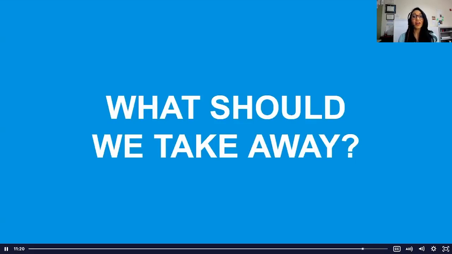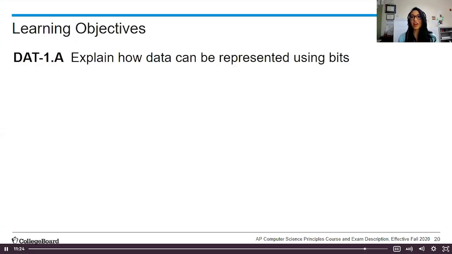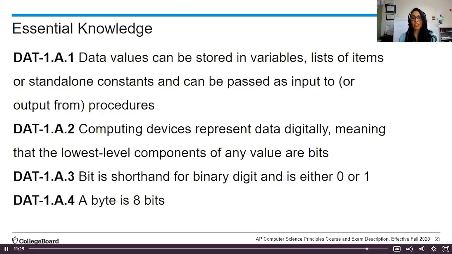So we've reached the end already. What should we have taken away? So we hopefully saw how data can be represented using bits. We saw how computing devices represent data digitally using bits, using those ones and zeros. We talked about what a bit is and what a byte is.